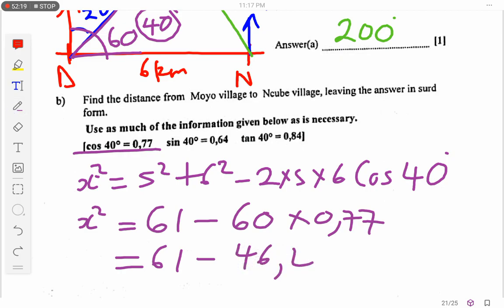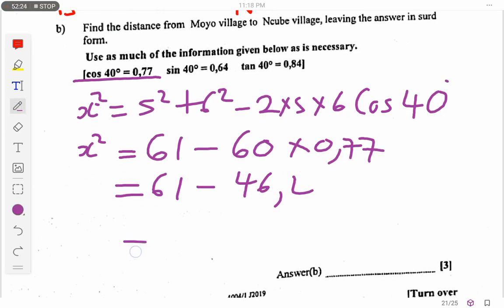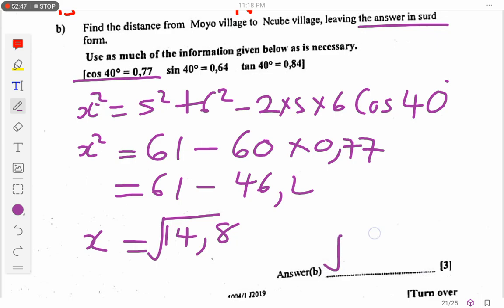Then we subtract this from 61, we get 14.8. Then we want to find the square root of this. Did they say leave it in surd form? Oh, they said leave it in surd form here. So it's going to be square root of 14.8 kilometers. Okay, let's move on to the next question.